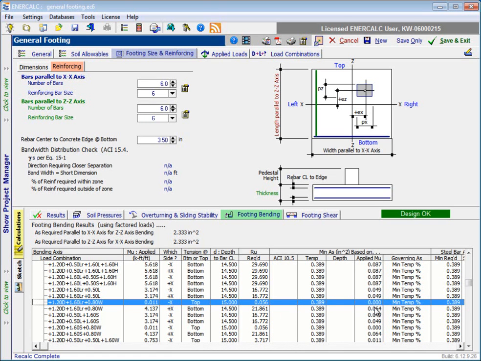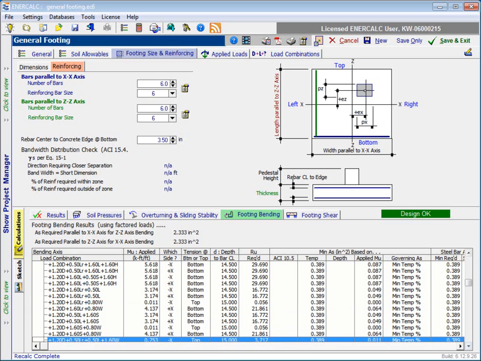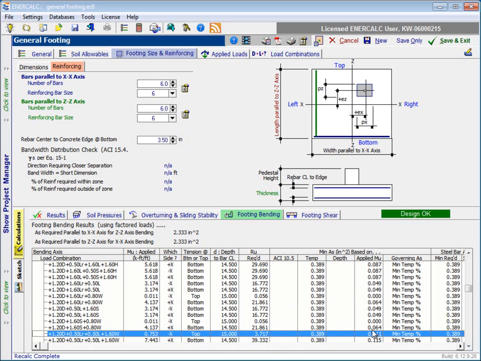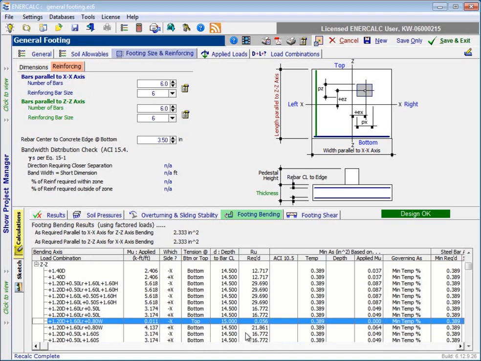In this case, it looks like it's not very significant for that particular, in fact for most of these. Here's one where there's a small measurable moment in the top, but nonetheless in certain instances you'll see that there's a significant design moment to be dealt with on the top, producing tension in the top surface.